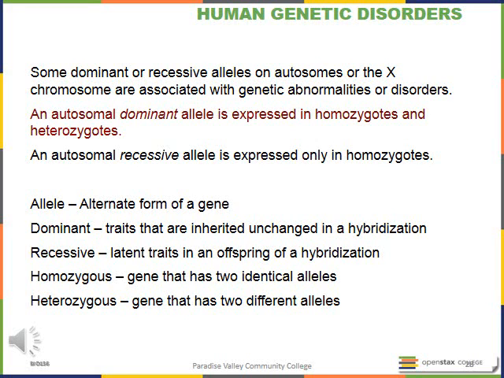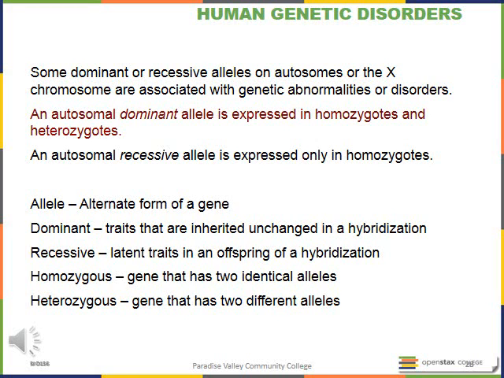So the gene is hair, but the allele indicates that there are alternate possibilities. We've got the possibility of getting blonde hair, brown hair, black hair, red hair, white hair, any of those colors. So the gene is for hair color. The allele indicates that there are several options that that gene could produce in your outward appearance.